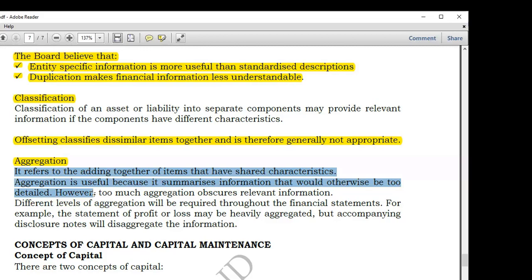Under cash and cash balances, can you offset? No, you cannot offset those.